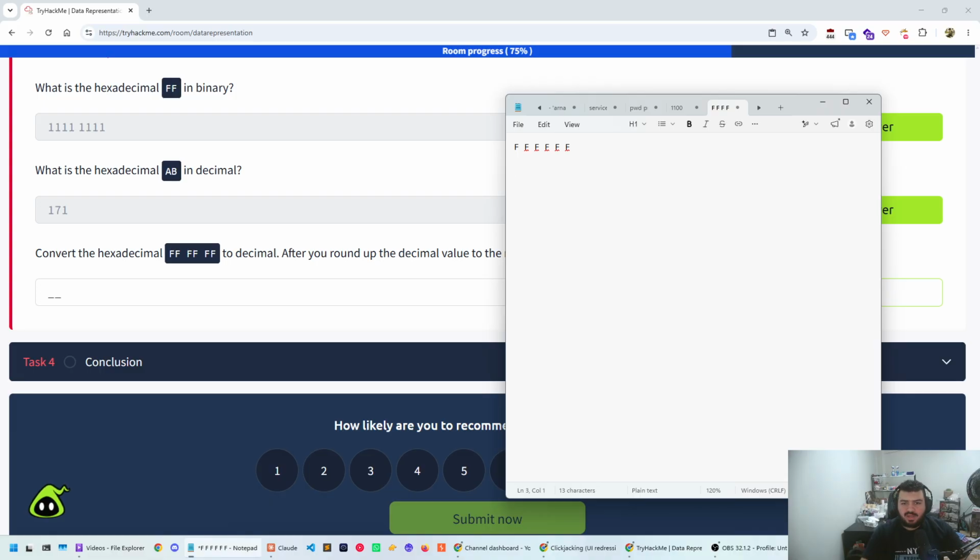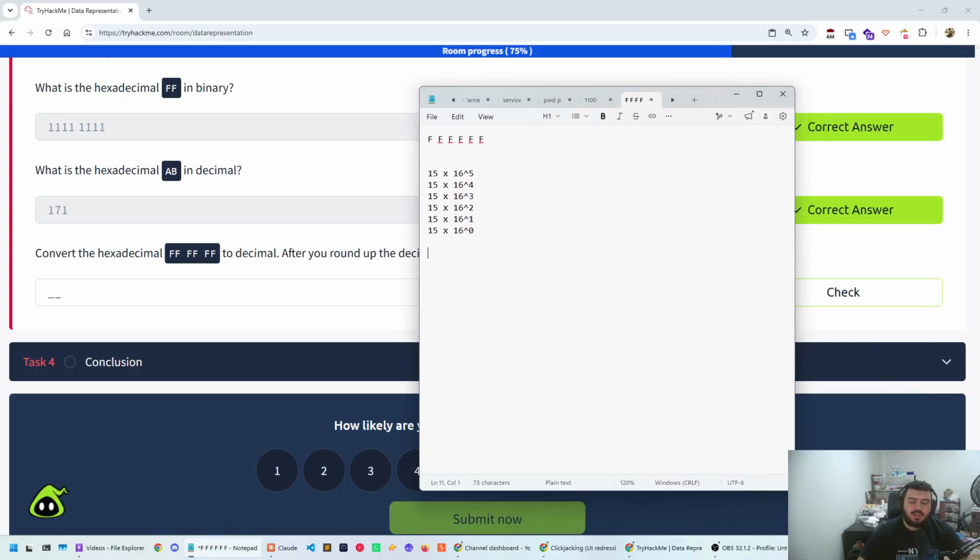Okay, so F is 15. So 15 multiplied by 16 to the power of 5, and then we have 15 multiplied by 16 to the power of 4, 3, 2, 1, 0. This is going to be a humongous number.